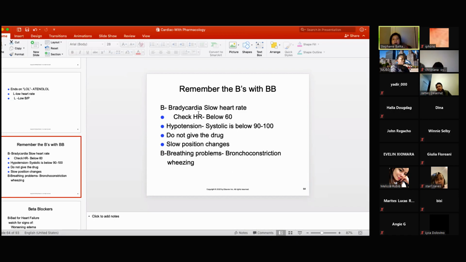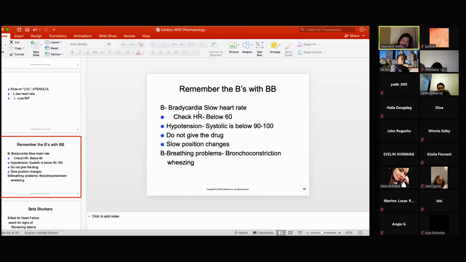The other part is it also tends to lower the blood pressure. So if the systolic pressure is below 90 to 100, are you going to give the drug? No. So you do not give the medications.